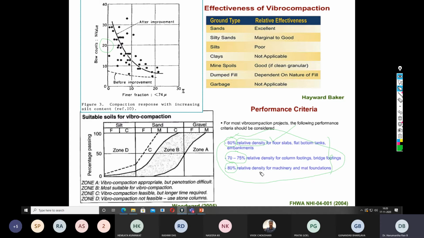So the same thing can be corroborated herein for these three statements. Relative density 60 indicates medium dense soil, 70 to 75 high dense soil, and 80% indicates still higher density soil.